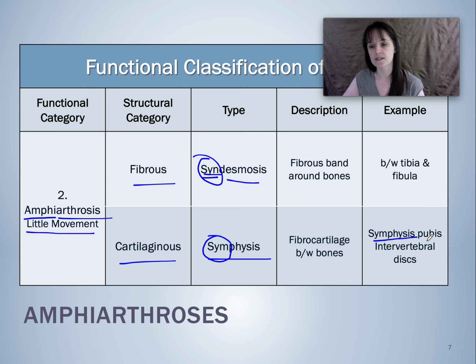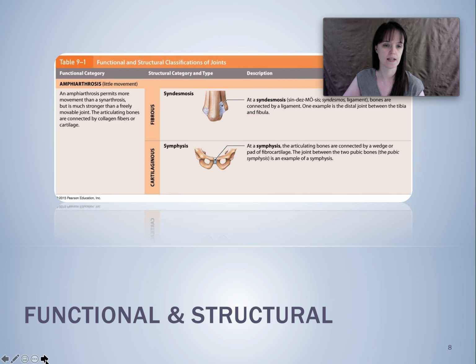They're the symphysis pubis, which is the pubic symphysis in English, symphysis pubis in Latin. Also the intervertebral discs are just fibrocartilage holding the bones together, which makes them a symphysis joint. And here's the picture from the book, with your syndesmosis and your symphysis pubis.